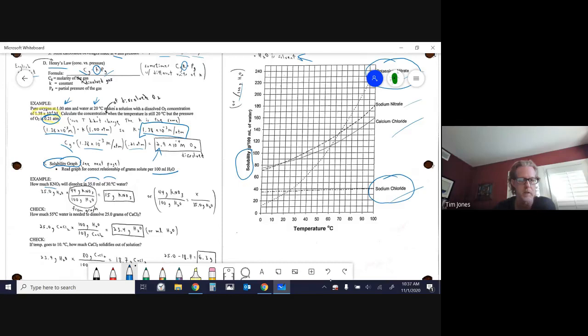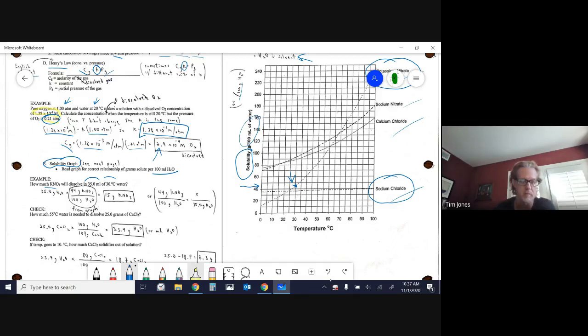And it says 30 degrees. 30 degrees, potassium nitrate is right about here. So where I made this mark right there, that is how much potassium nitrate you can dissolve in 100 milliliters of water. And I estimated it to be right about 44.